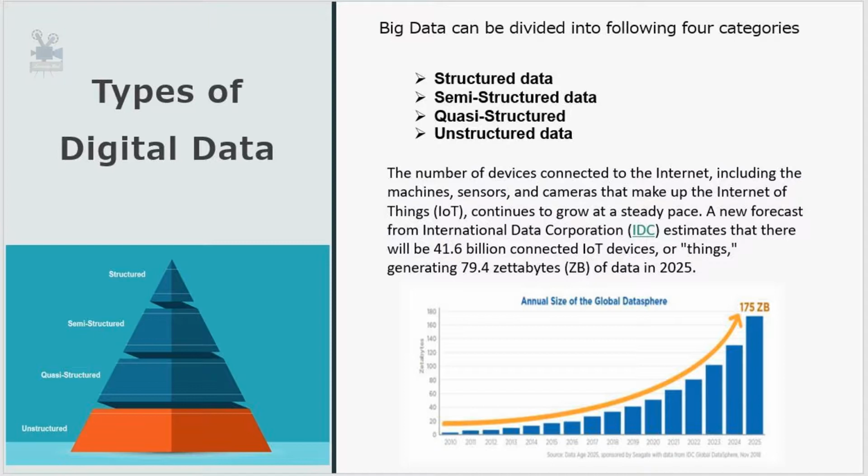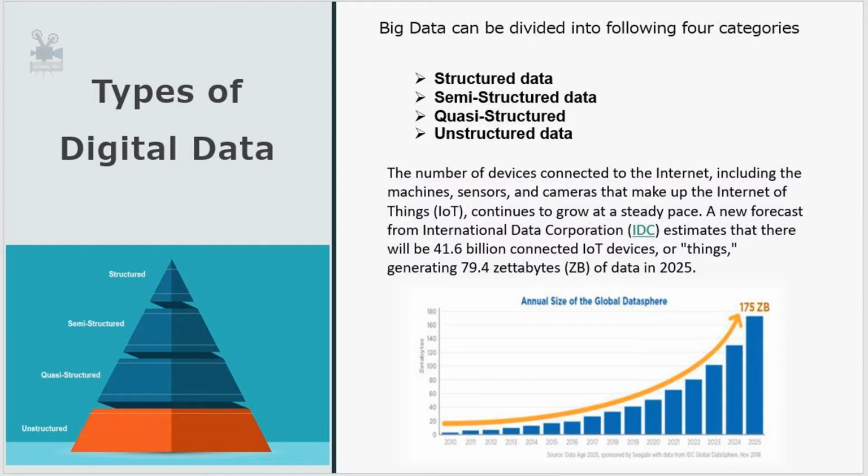Now, if you see the screen, IDC predicts the devices which are connected to the internet by 2025 are going to generate 79.4 zettabytes of information. I'm talking again about 41.6 billion connected IoT devices.